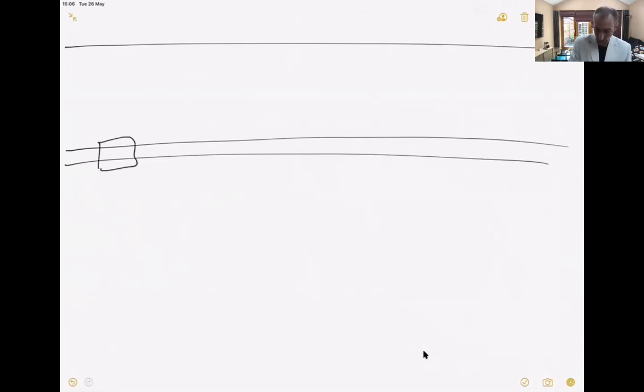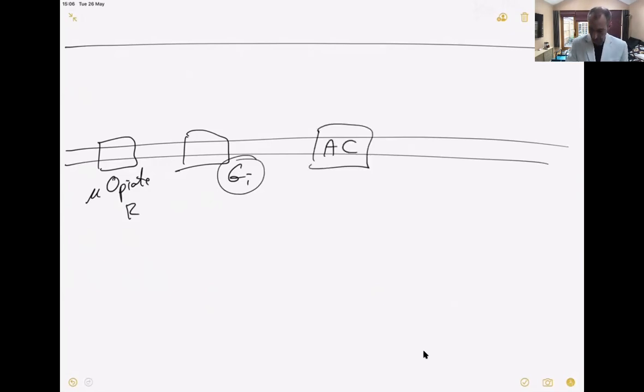Here I'm just going to draw a G-protein coupled receptor as a rectangle. This G-protein coupled receptor is going to be the mu opiate receptor. It interacts with a G-protein called Gi. Gi, I've already said, interacts with adenylyl cyclase.